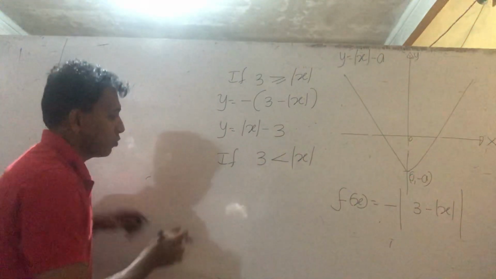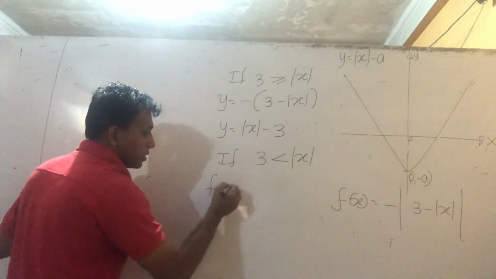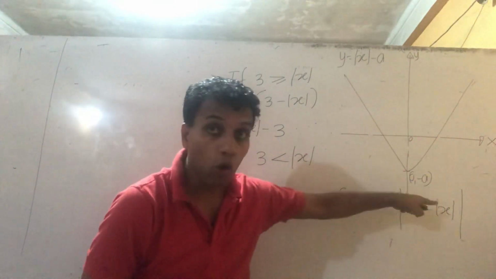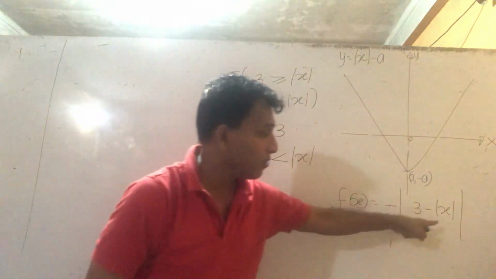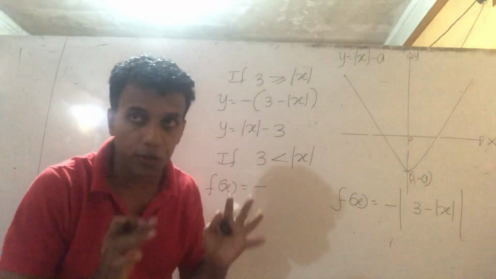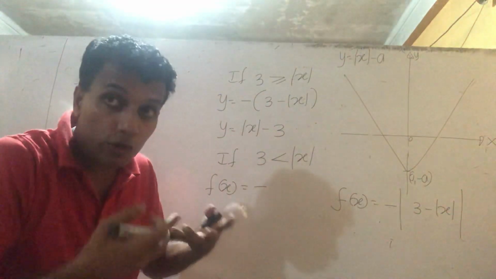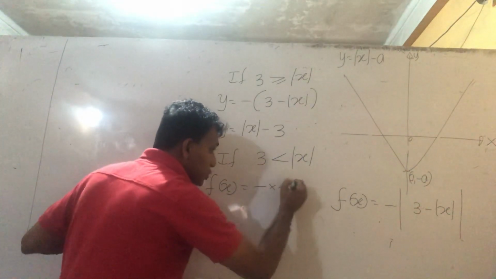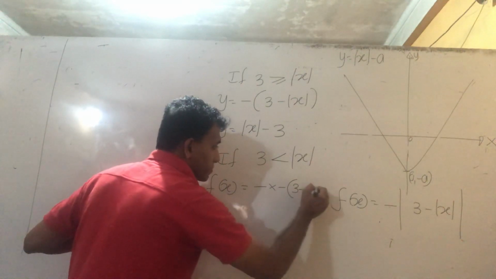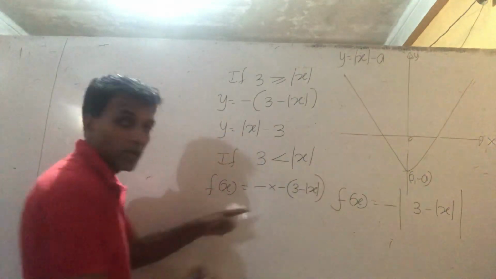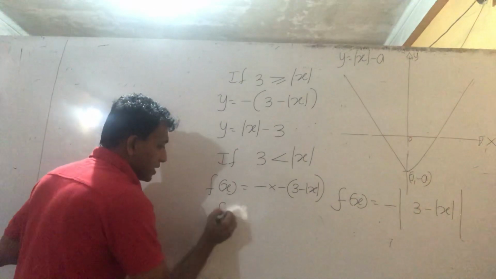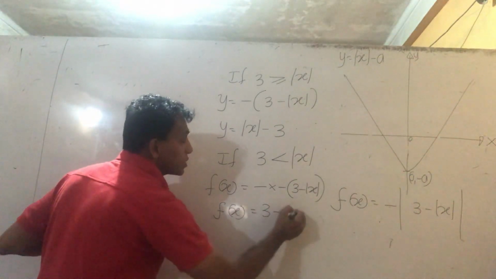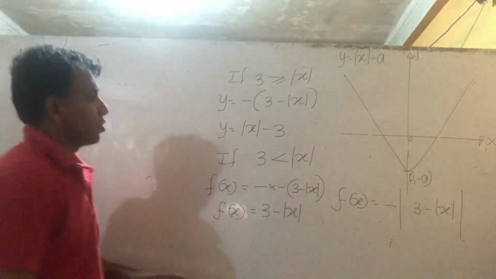So what happened, therefore f of x equal, here 3 is smaller than the modulus, therefore inside negative, inside the modulus minus symbol, then we have to put an extra minus, that is minus into, write what is inside. Okay, that means f of x equal 3 minus mod x. Okay, one is this.